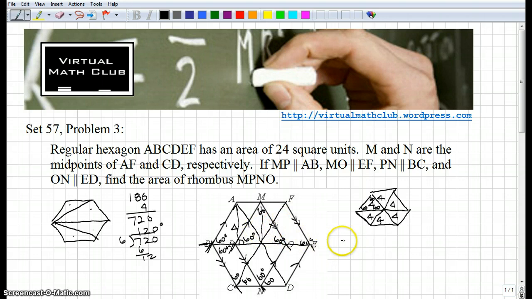So you can see that these equilateral triangles that make up the rhombus are congruent to the equilateral triangles that make up the whole hexagon, okay? So if each one of these is 4 and these 2 are congruent, then the rhombus has to have an area of 8 square units.